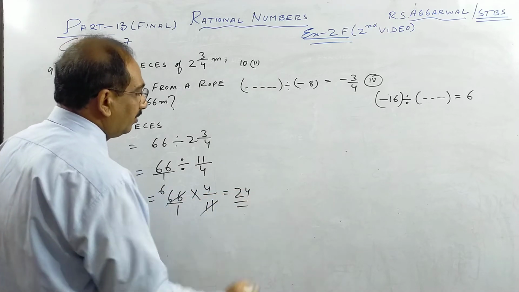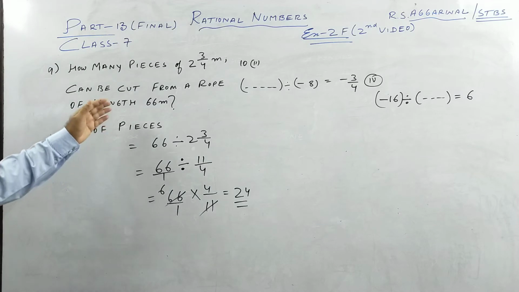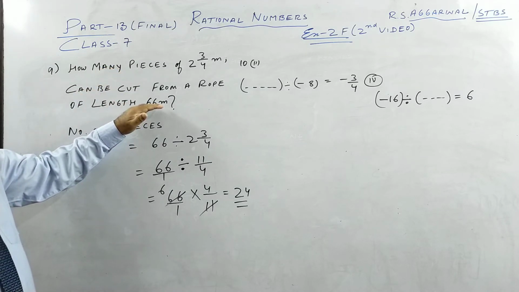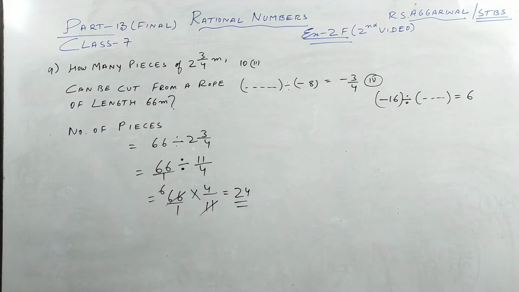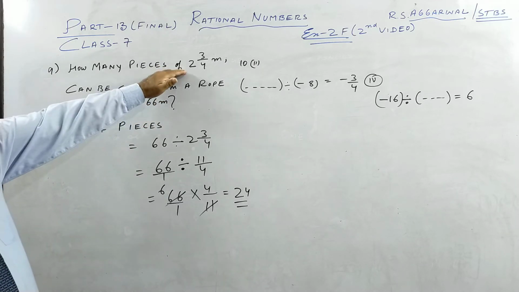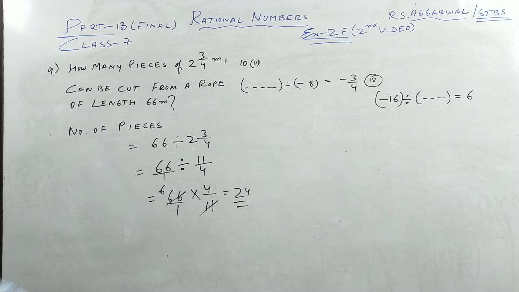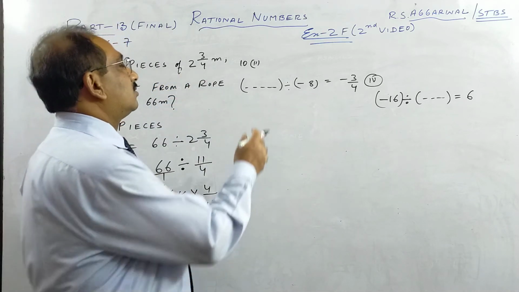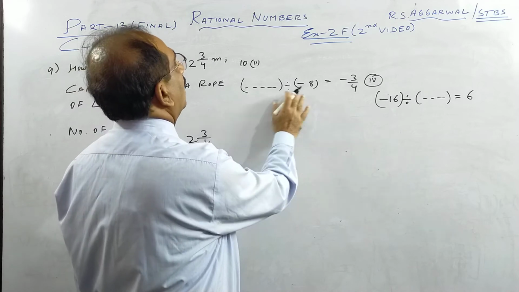So 24 pieces of rope can be cut, small pieces of size 2 3 by 4, which is 2.75 meter, from a big rope of length 66 meters.